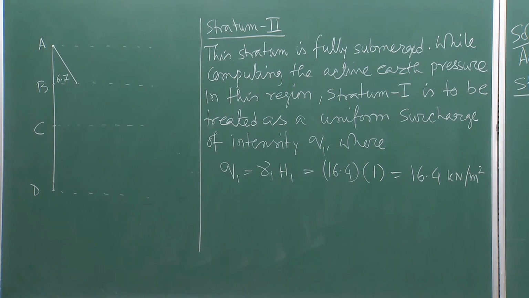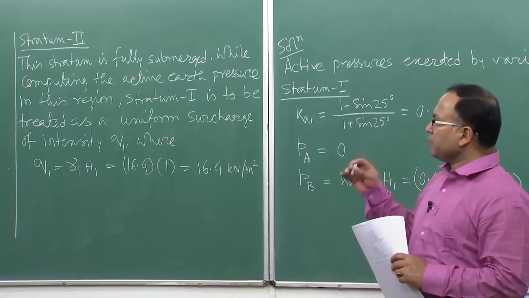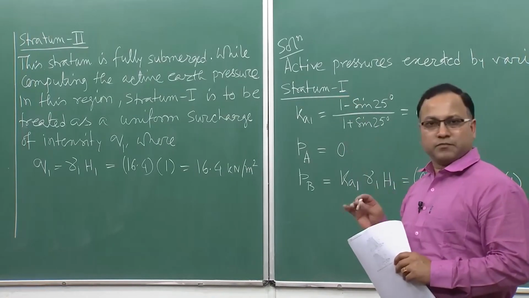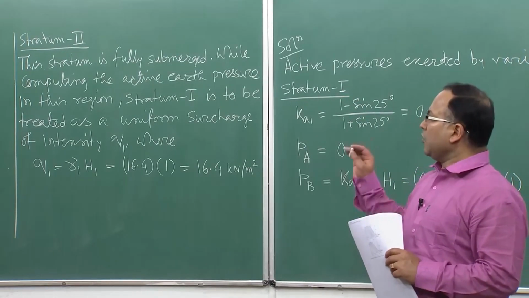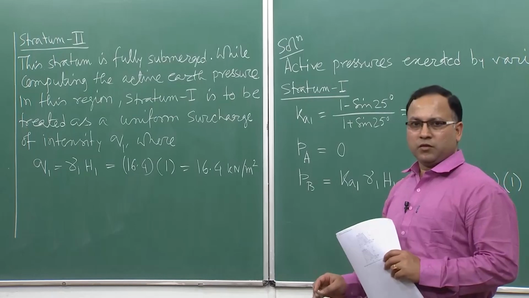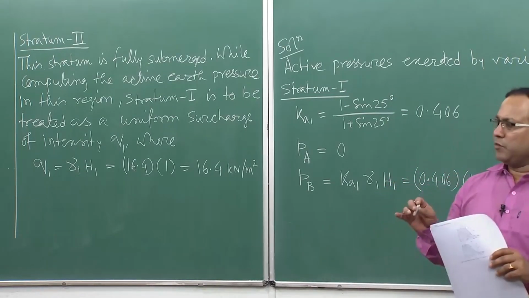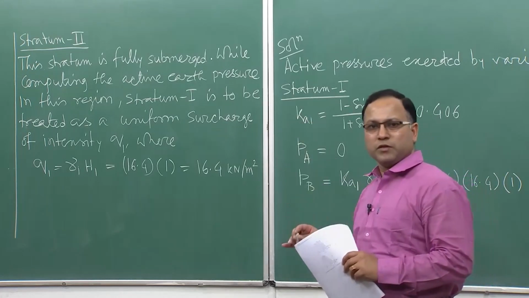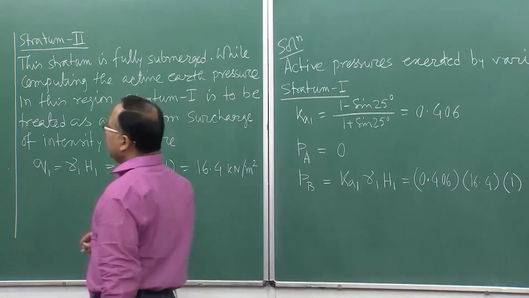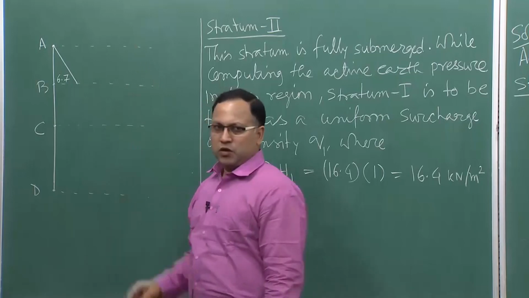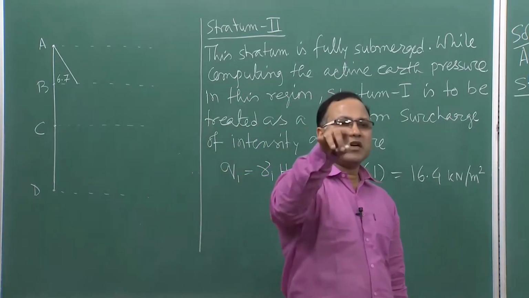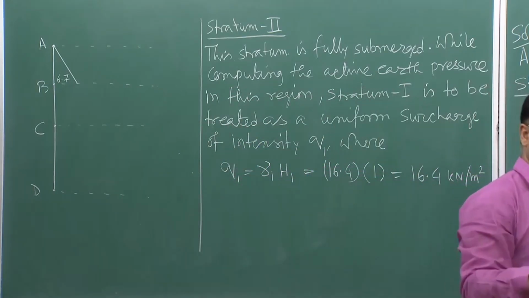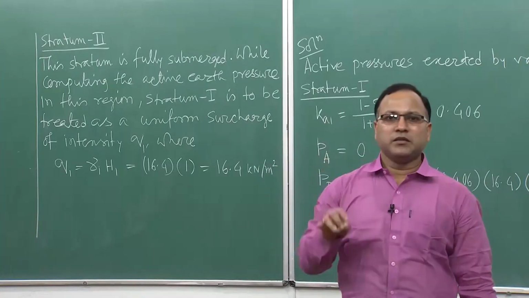That means stratum 2 is spanning from point B to point C. At point B, or point C, or any point you are considering in stratum 2, stratum 1 will be giving you some uniform surcharge loading on top of that point.